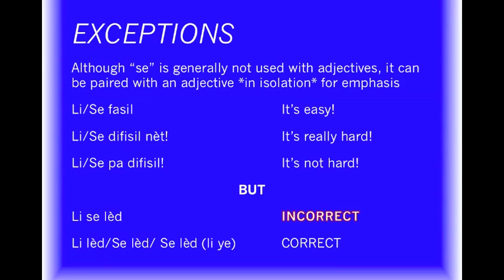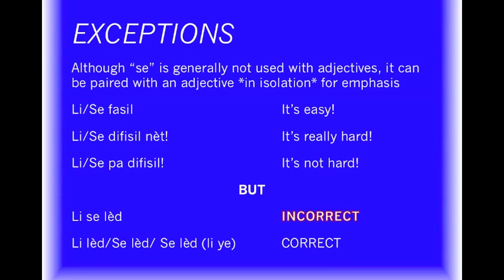So this will be the last one. So although se is generally not used with adjectives, we have some examples where it can be used in isolation with an adjective. This is the same way it will be used in French, if you guys are familiar at all with French. If not, just pay attention. So we have, for example, you could say li facile, it's easy, or you could say c'est facile.